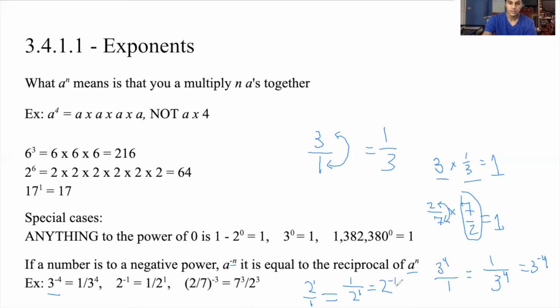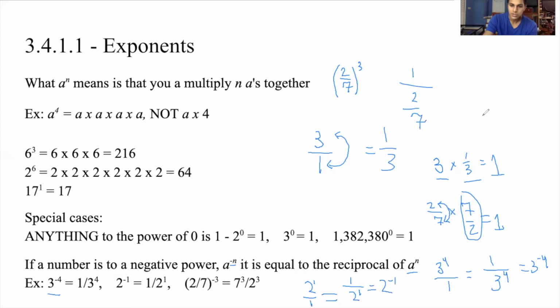And then in this example, we had 7 to the power of 3 over 2 to the power of 3 as our answer to 2 over 7 to the power of negative 3. And the reason why is because if we do 2 over 7 to the power of 3, and now we find its reciprocal, that's 1 over 2 to the 7, right?